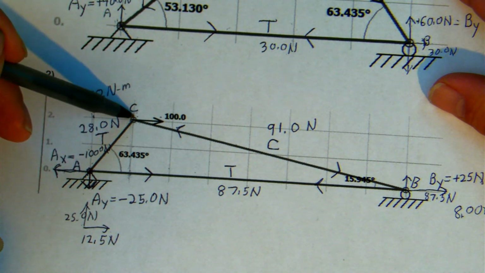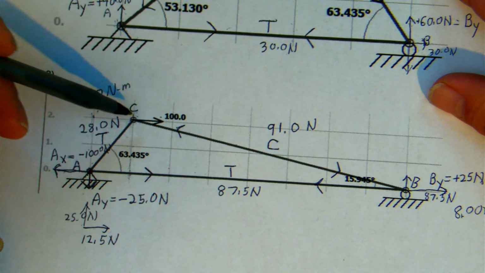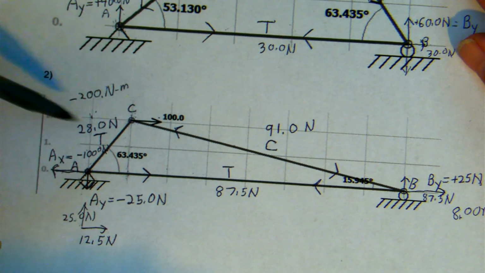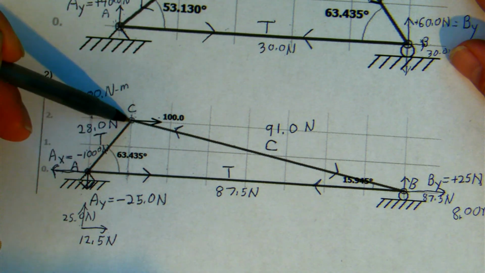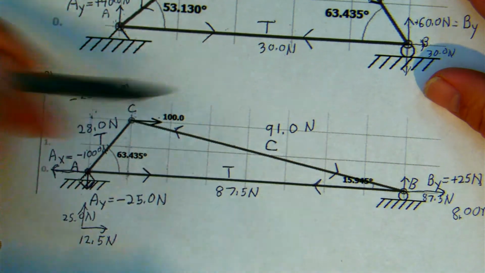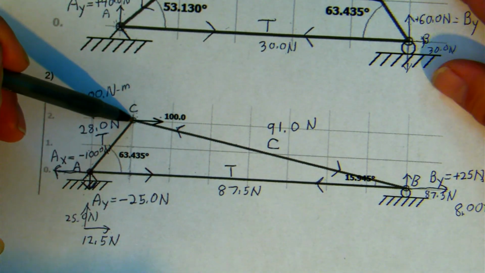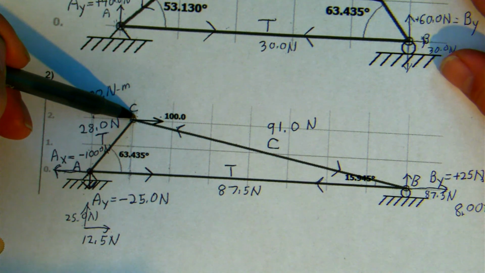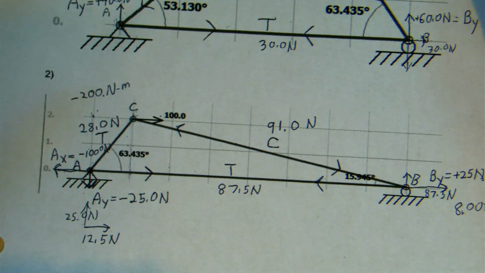AC is pulling C to the left with 12.5 newtons. 12.5 newtons to the left from AC plus 87.5 newtons to the left from BC cancels the 100 newton load to the right pushing on point C. So horizontally, it all adds up, literally.